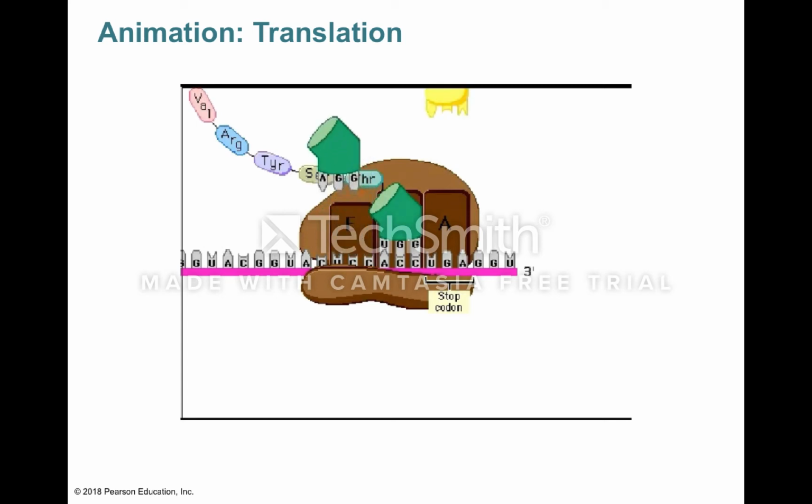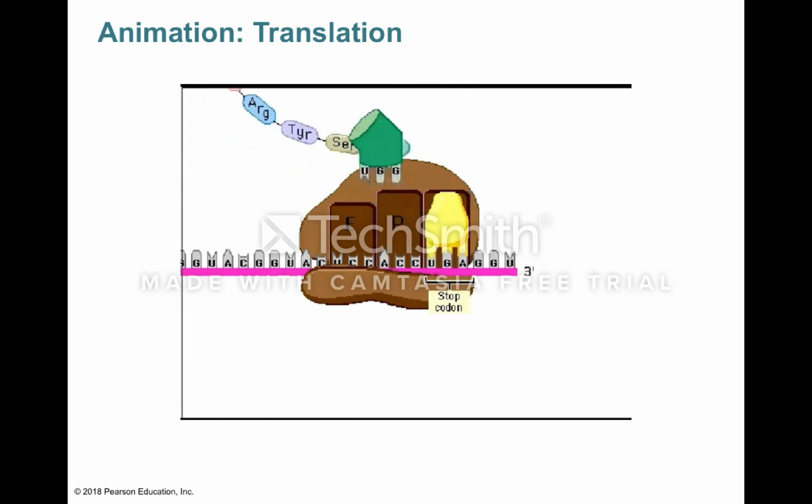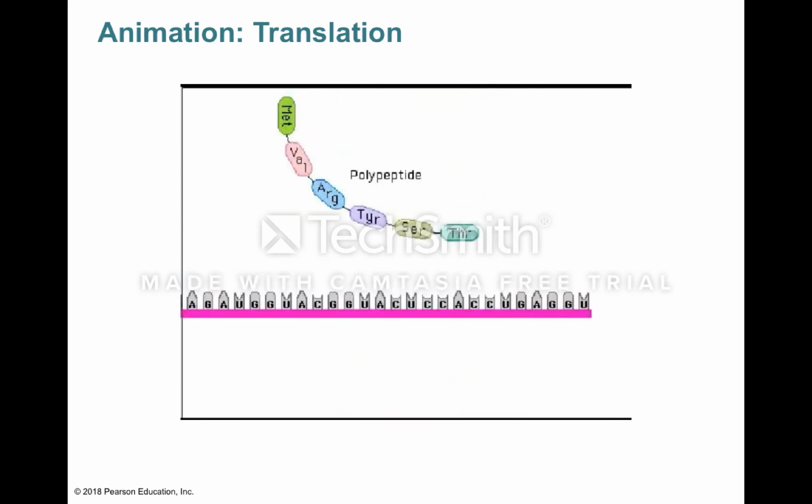A protein called a release factor binds to the stop codon in the A site. It acts to free the completed polypeptide from the tRNA that is in the P site, and the translation assembly comes apart. The polypeptide becomes folded, modified, or combined with other polypeptides to form a functional protein.